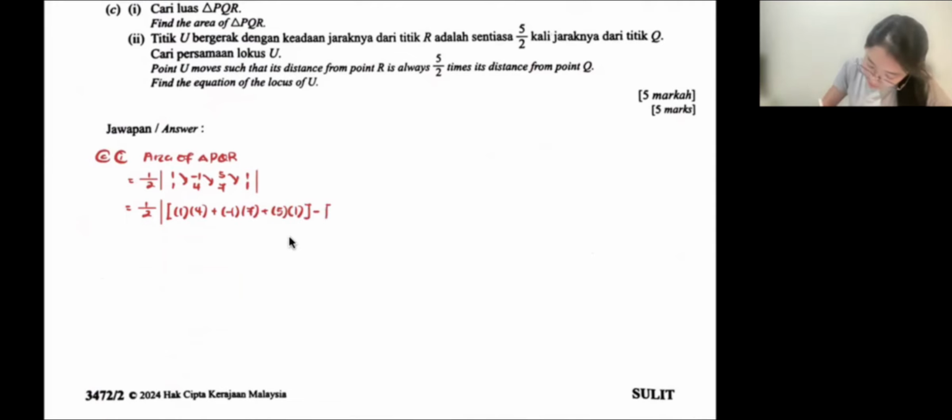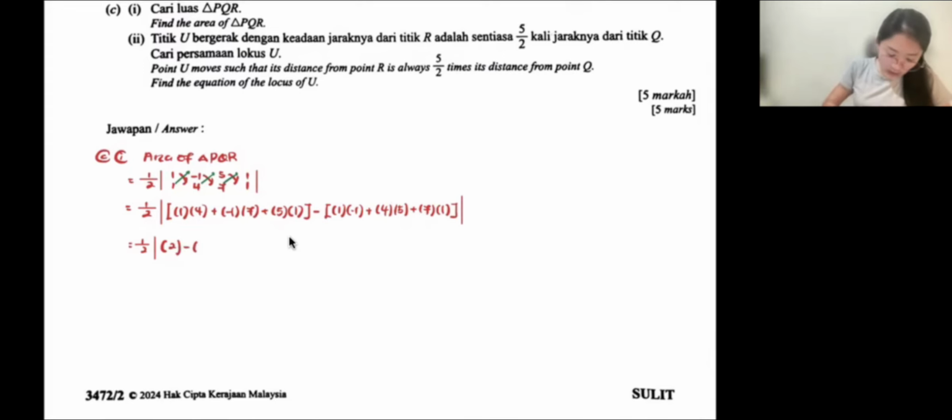Then minus. Now you have to multiply up. So 1 times negative 1 plus 4 times 5 and plus 7 times 1. Close modulus. Be careful over here. The first part you have 4 minus 7 plus 5, this is 2 here.